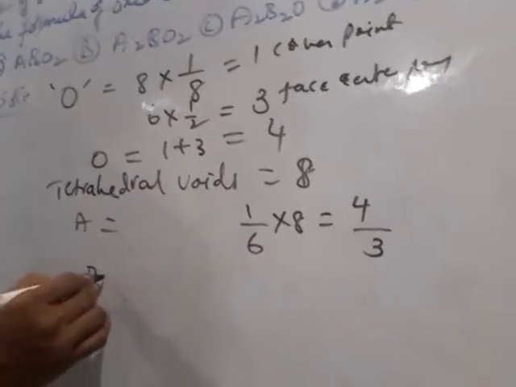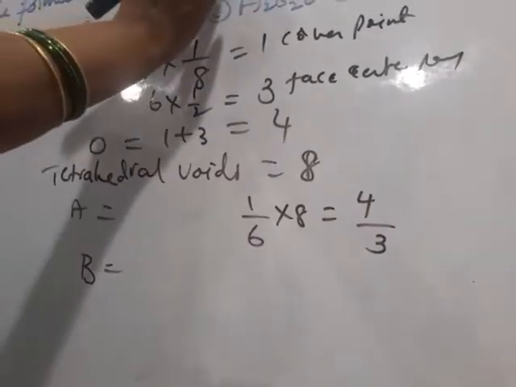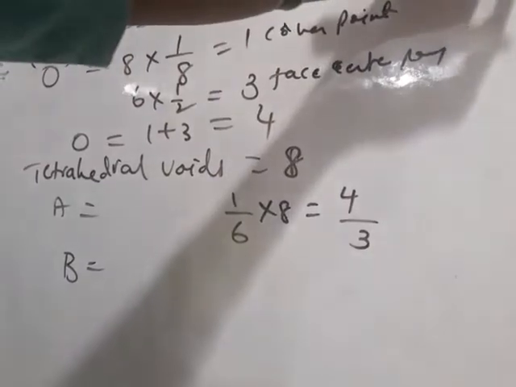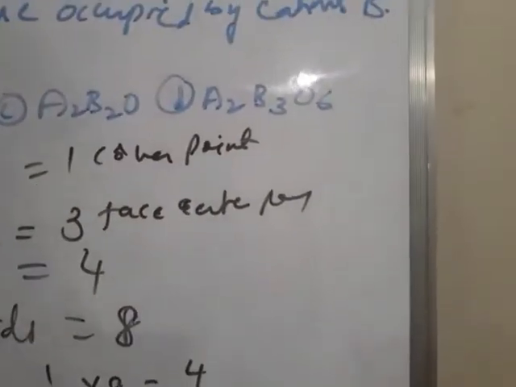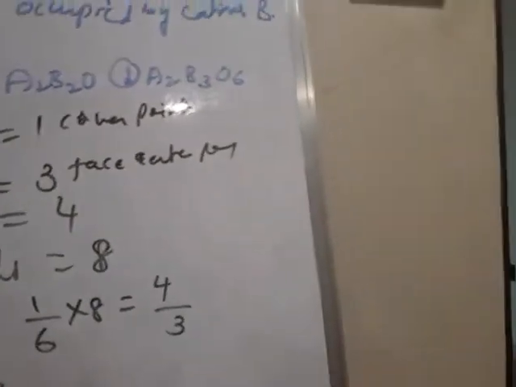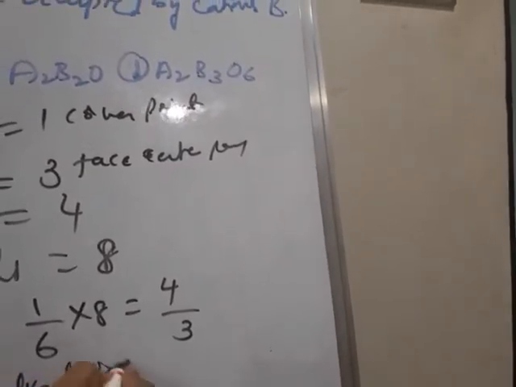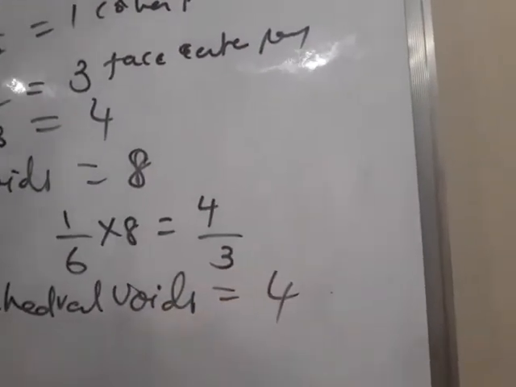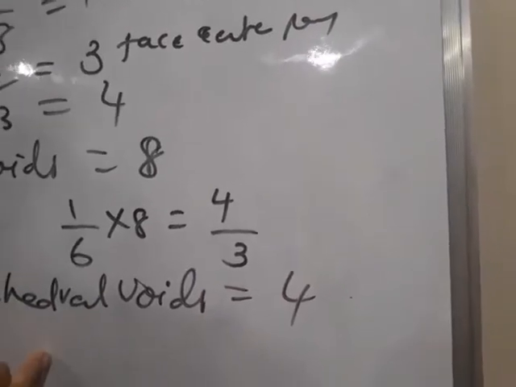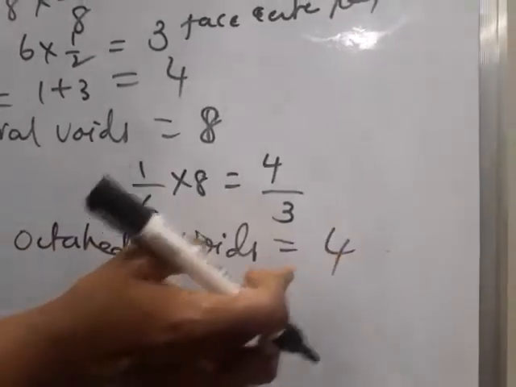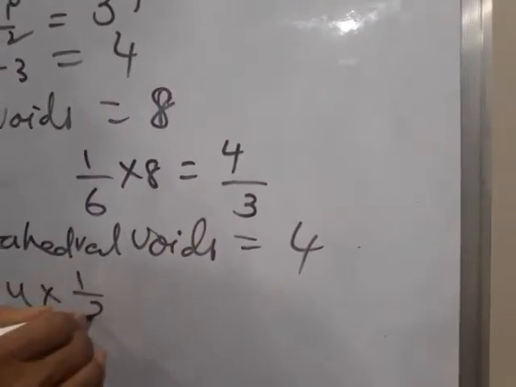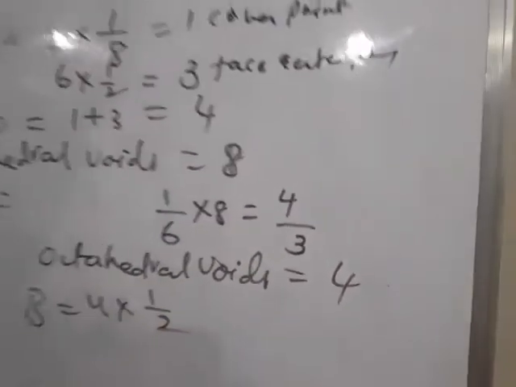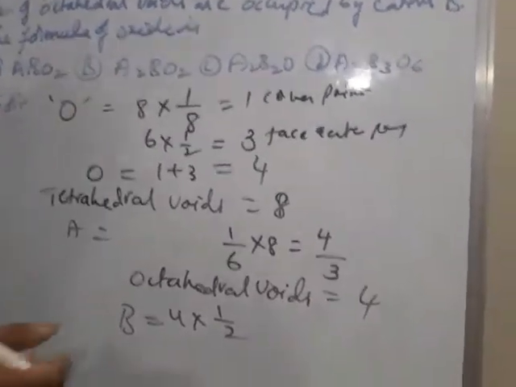Next, coming to B. Octahedral voids are occupied by cations, that is only half of the octahedral voids. You know that the number of octahedral voids is equal to the number of atoms. That's why 4. So B is equal to 4 into half, because only half of the octahedral voids are occupied by B ions.